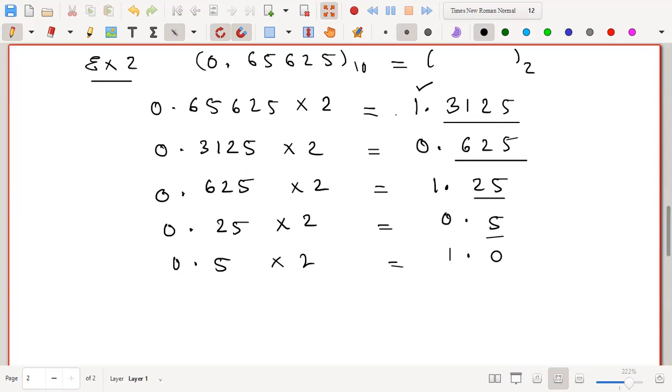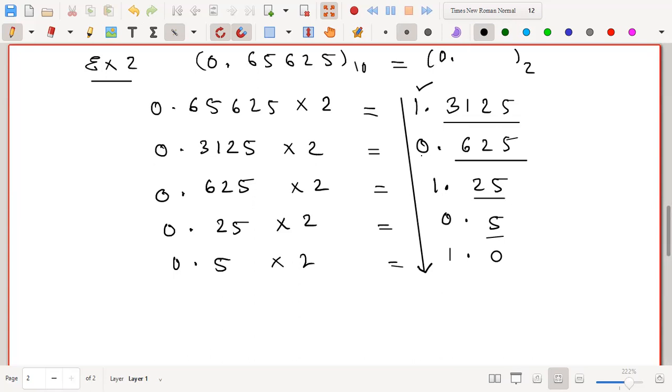Now you note down these integers which are generated. You see these integers and go from top to bottom. So what number do you get? 0.65625 is nothing but 0.10101.